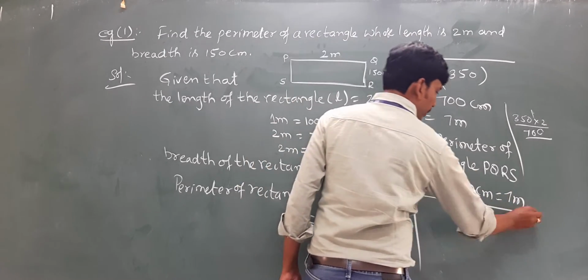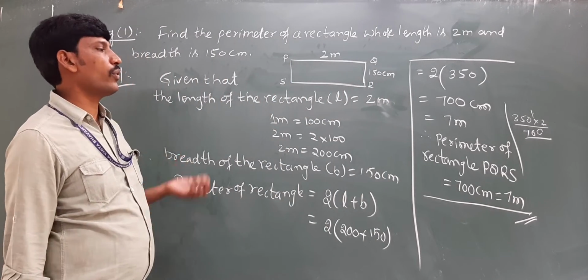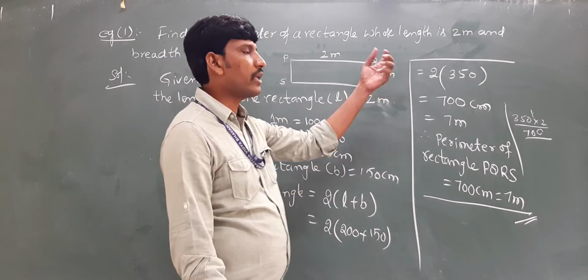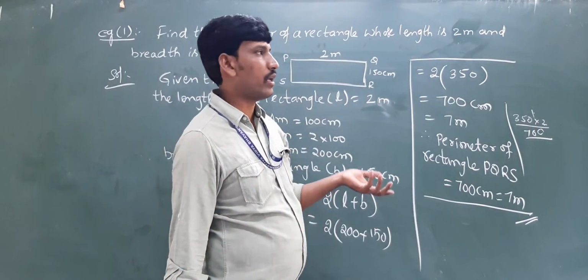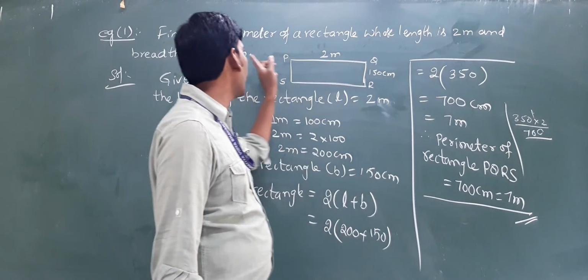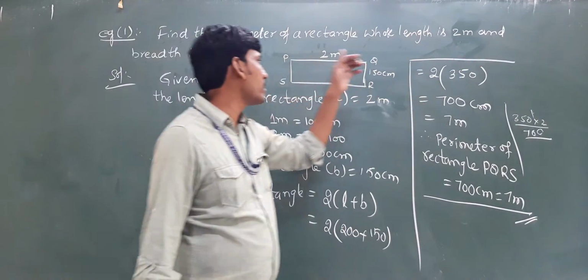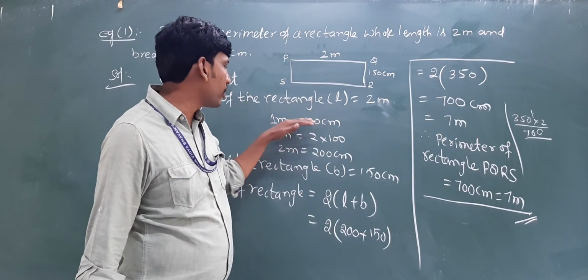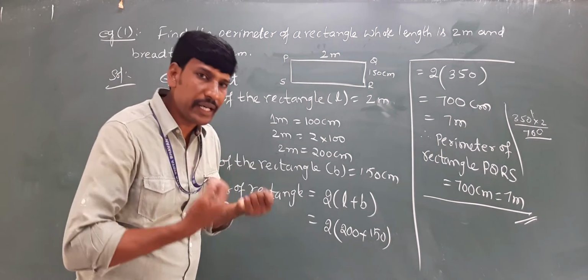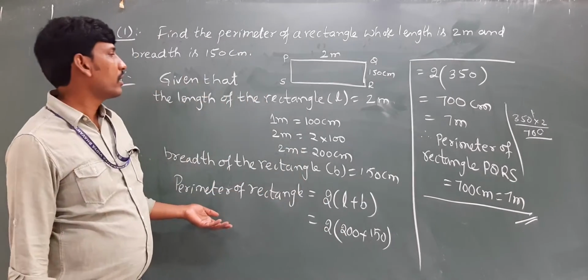Clear? I hope you understood this is the solution. Whenever you want to find the perimeter of a given rectangle or any square or any closed figure, see that both the dimensions are in the same unit only. Here one is in meters, one is in centimeters. That's why we are converting meters to centimeters. Then only you can find the perimeter of the given figure. I hope you understood this concept.